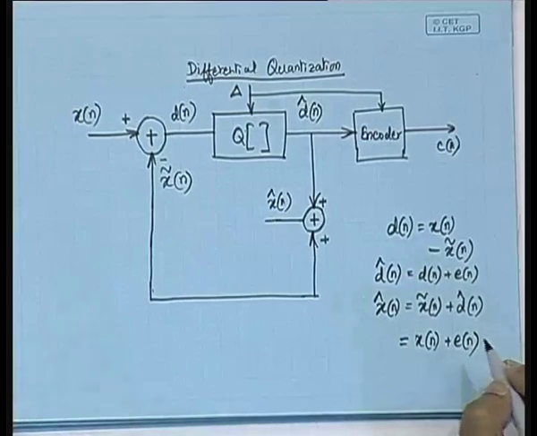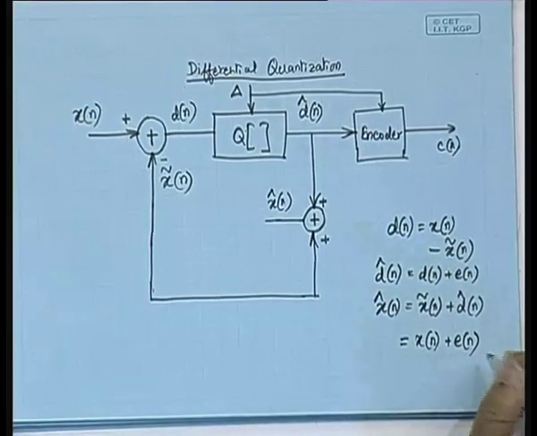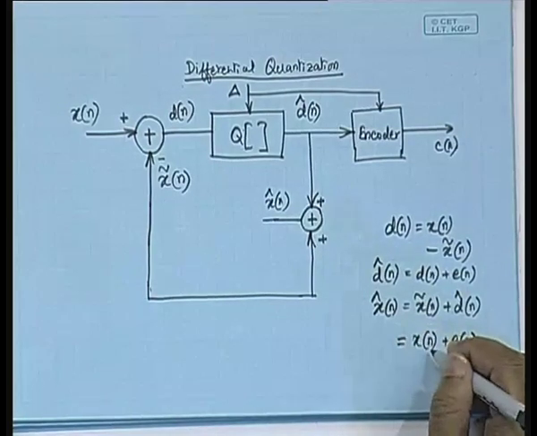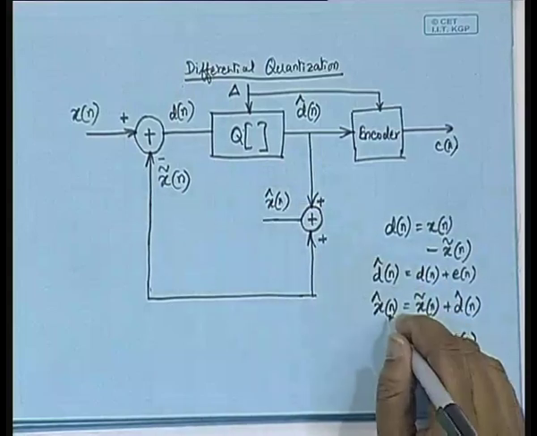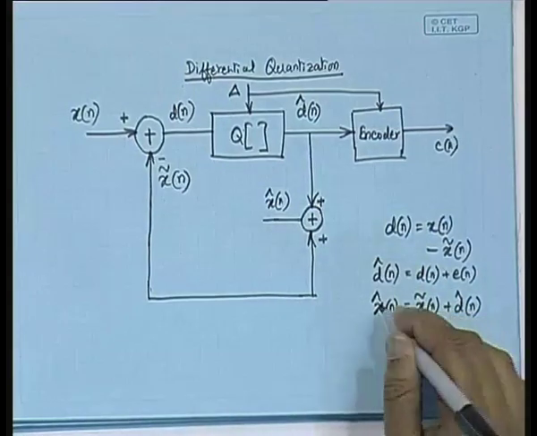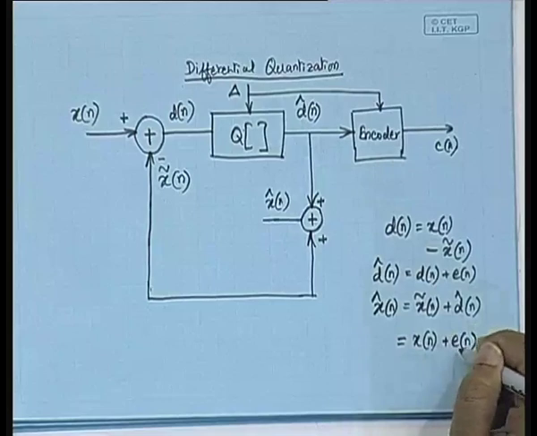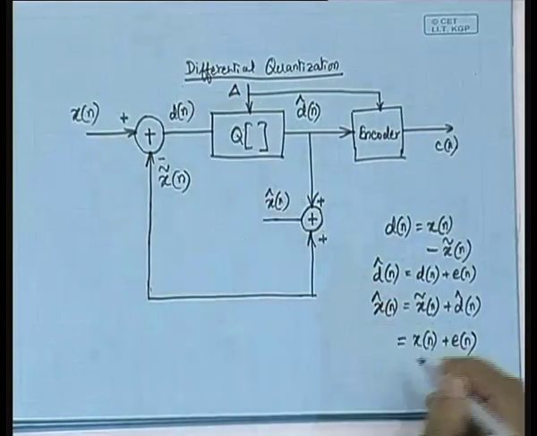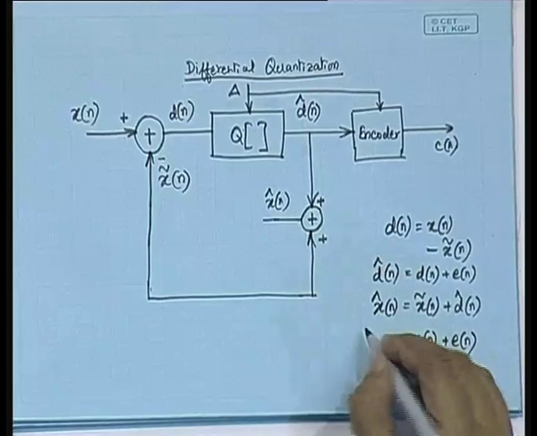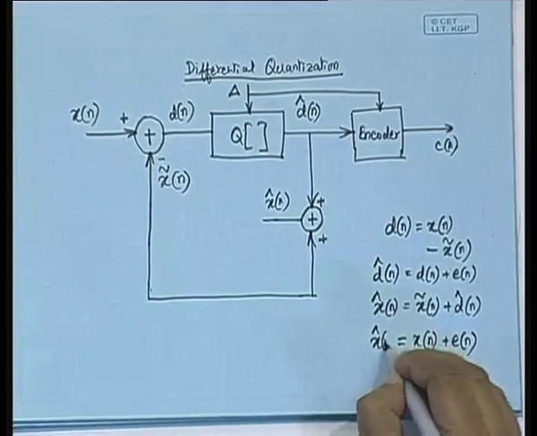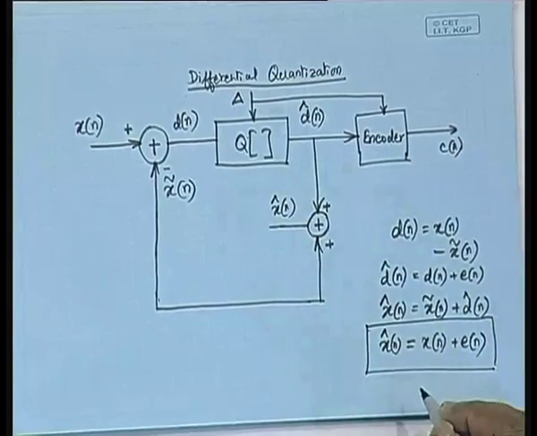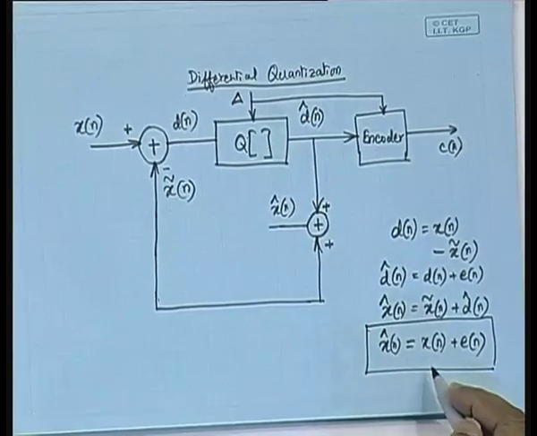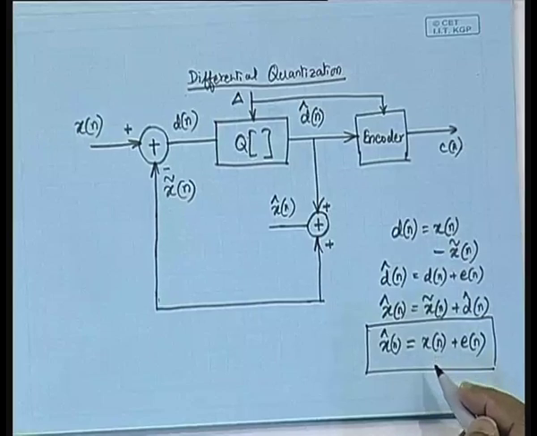So it is as if we have quantized the original signal, because if the original signal x of n is quantized, we get x cap of n, and x cap of n we write as x of n plus e of n. So the differential is not altering our basic relationship, because the quantized form of the signal, x cap of n, can always be written as x of n plus e of n.